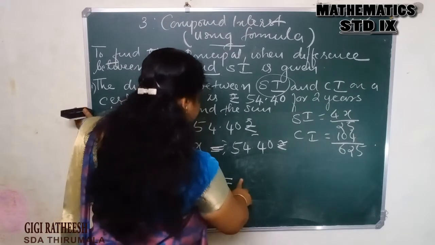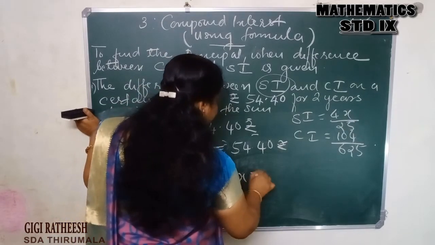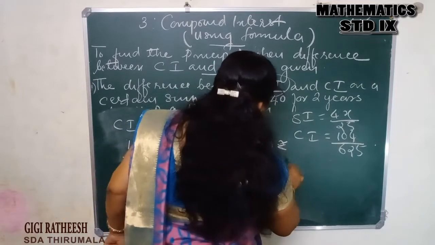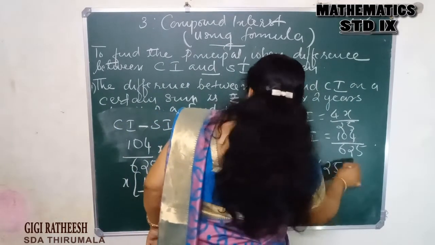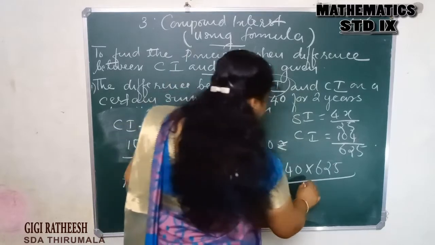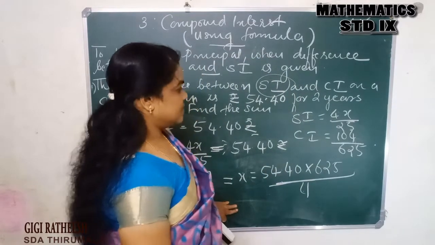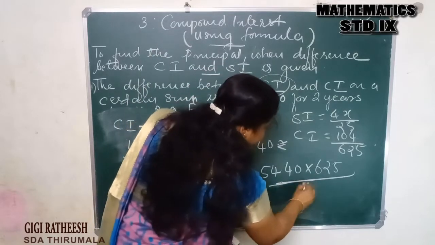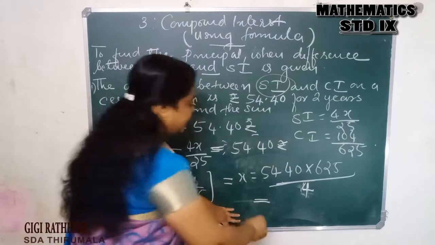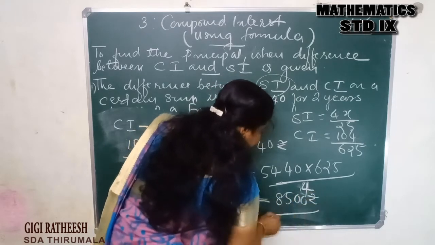After calculating this, we get X is equal to 54.40 into 625 by 4. Calculating this, we get the value 8500. That is the value of X.